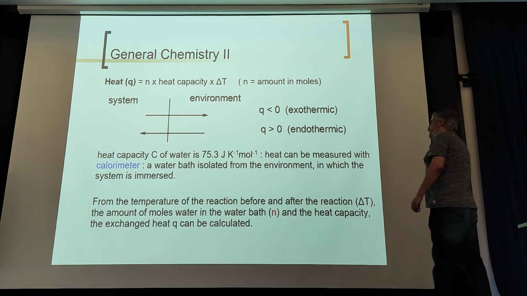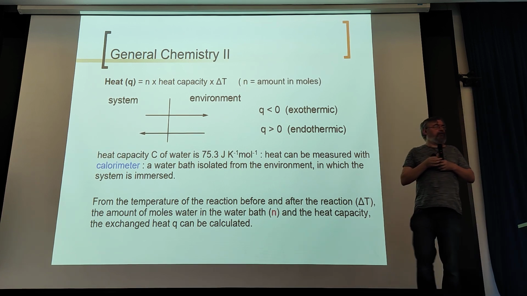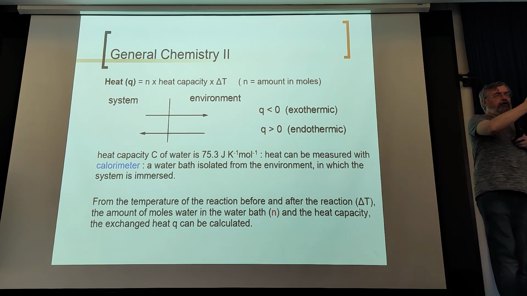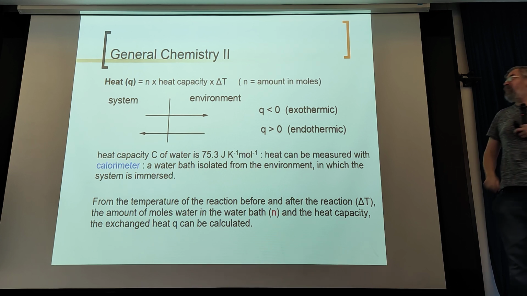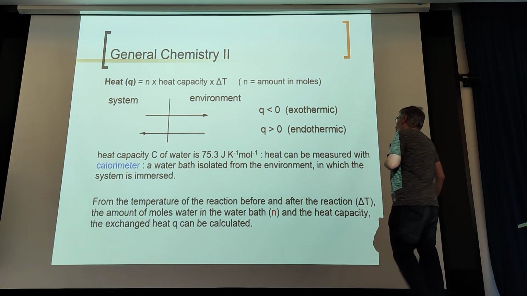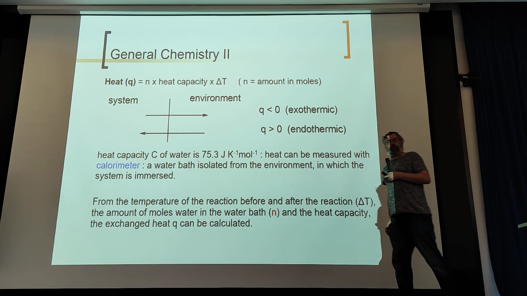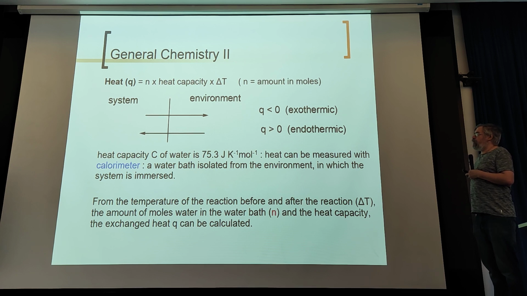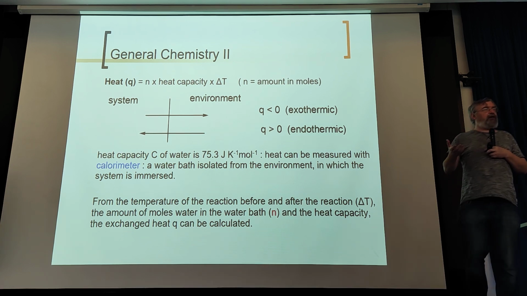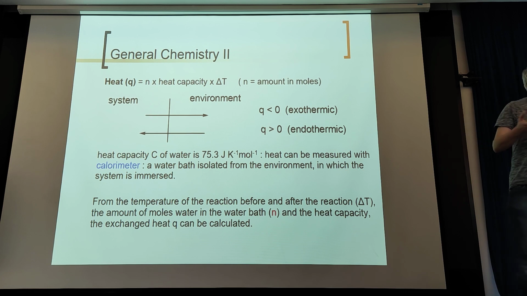And typically we do that in a calorimeter. That means it's a mantle around our reaction which takes up the heat, and we have a thermometer where we can very accurately see the differences in temperature. The heat capacity of water is known, it's 75.3 joule per Kelvin per mole. We also know how much water is in our bath, so we know n.